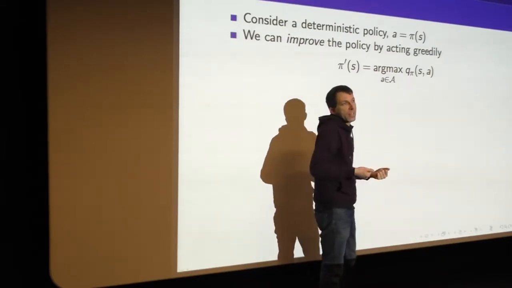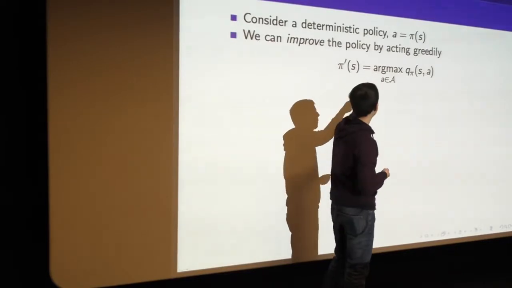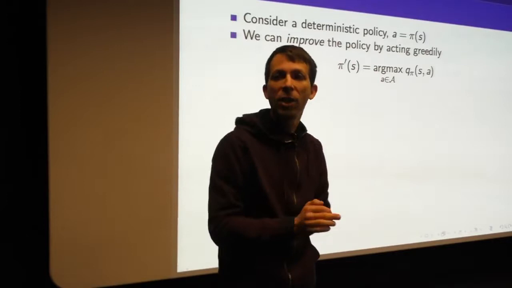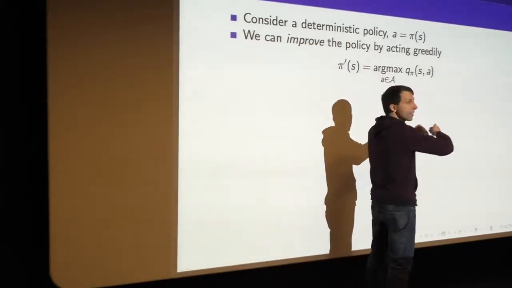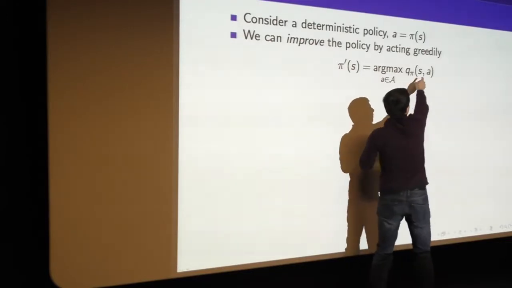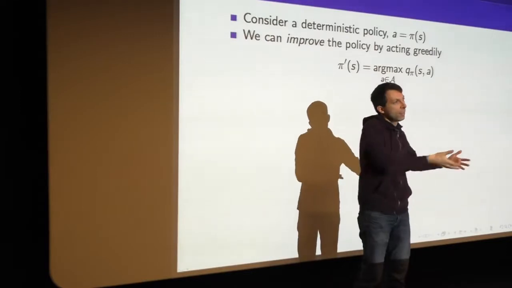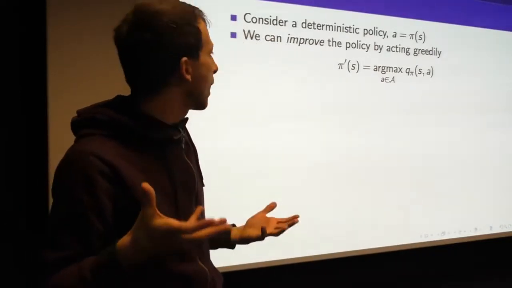We want to pick the action that gives us the most Q. That's what this argmax means. It just returns the action that maximizes this quantity. And Q, remember, is just the immediate reward when you take action A plus the state value that you get where you end up. So that's what it means to act greedily.